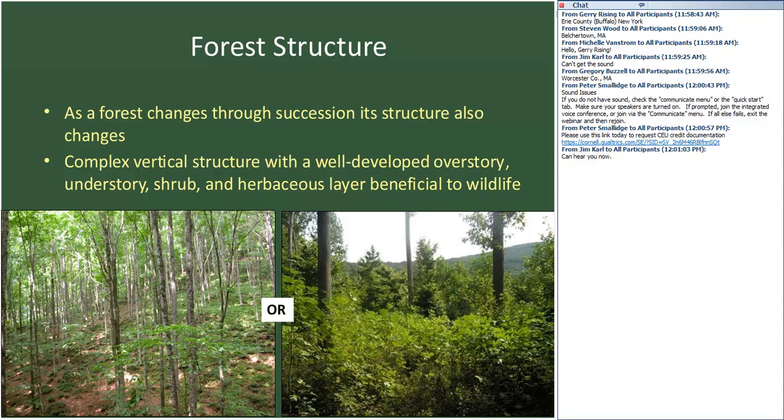And that's unlike the picture on the right-hand side, where you can see that there's been a harvest. There's still some canopy remaining, so you have that layer of forest, but you also have a very thick shrub layer forming. The understory is growing up nicely there, and so the structure is just much different in those two pictures.